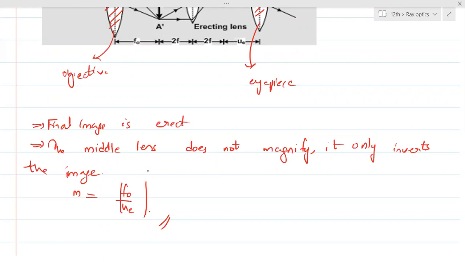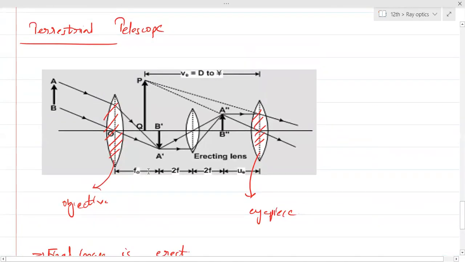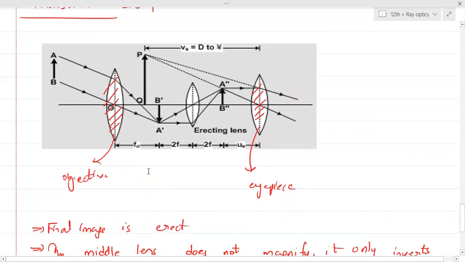Terrestrial telescope is like binoculars. Yeah, some are similar to that. True. In the figure it is not magnified. A dash B dash and A double dash B dash are of the same height. Clear? Yeah.